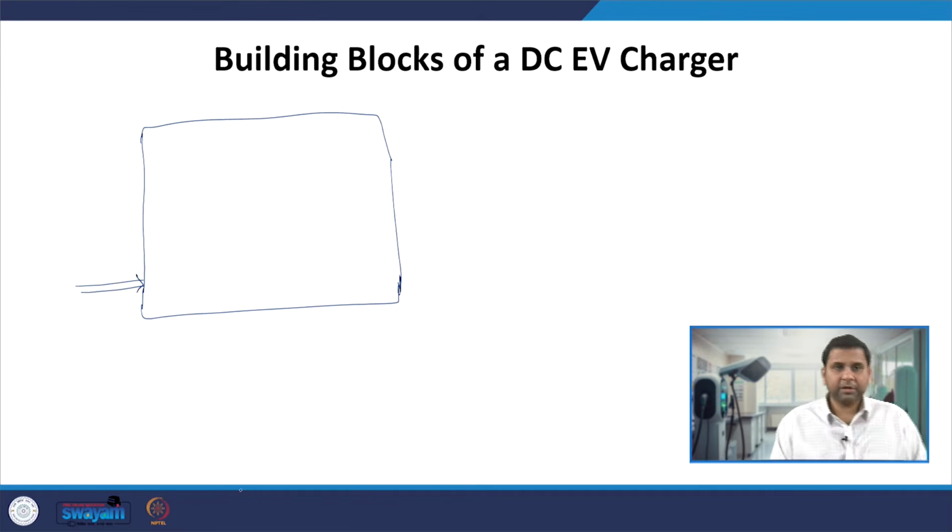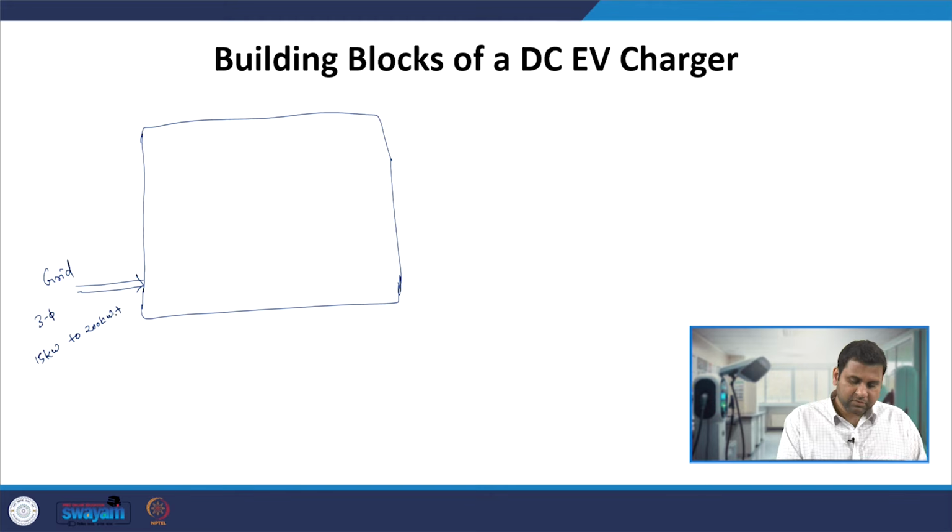In the DC EVSE, we again have an input from the AC grid. Generally, these DC EV chargers are high power chargers, so they take input from the 3-phase grid, and their power range goes from 15 kilowatt to upwards of 200 kilowatt.